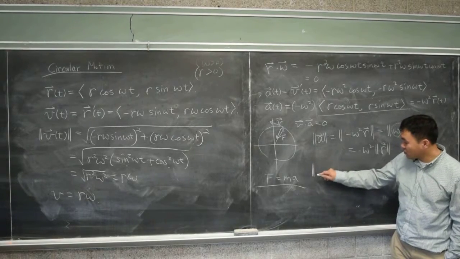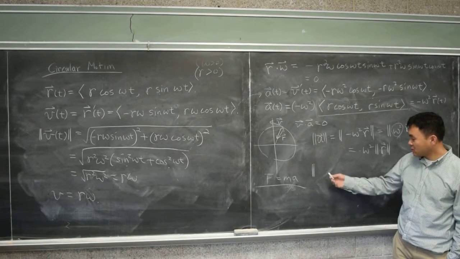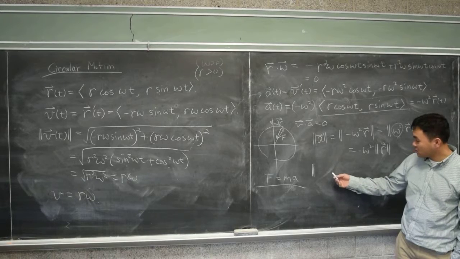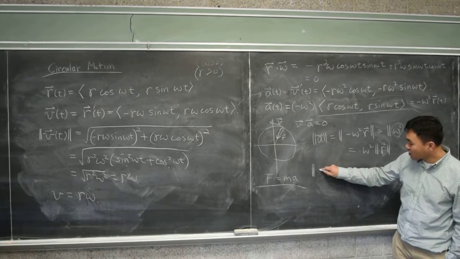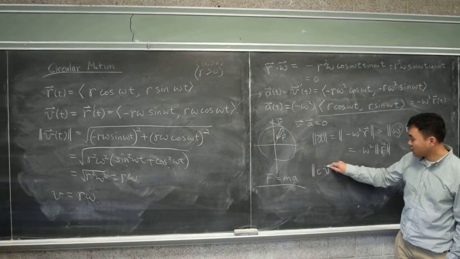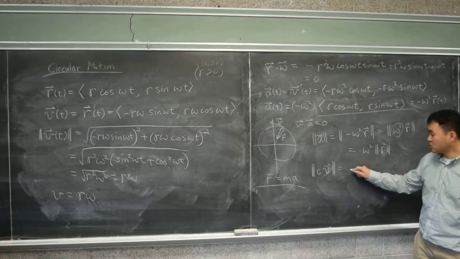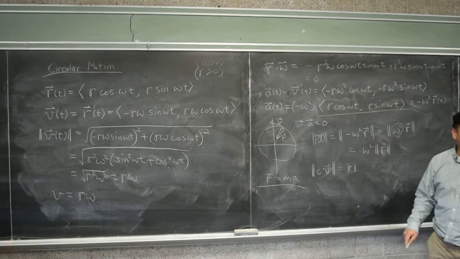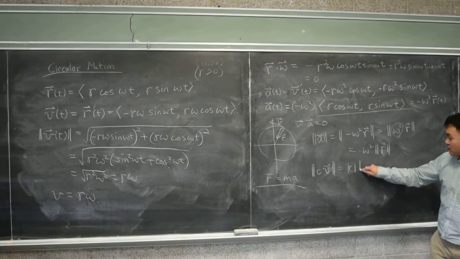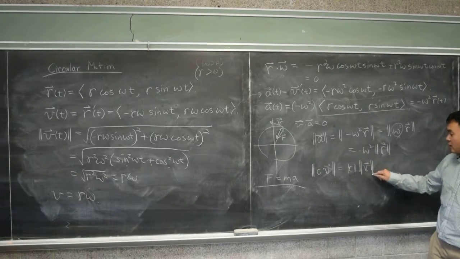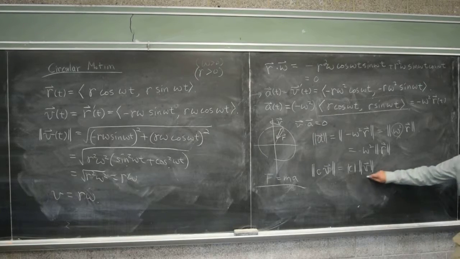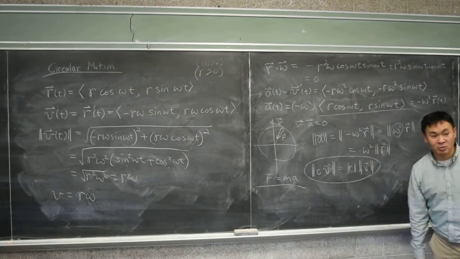I should have mentioned this formula a long time ago, but here's the formula. If you have a constant c times a vector v, and you wanted to know the size, it's really the same as taking the absolute value of c, because negatives don't matter, times the length of v. So that's a handy formula for you to know.